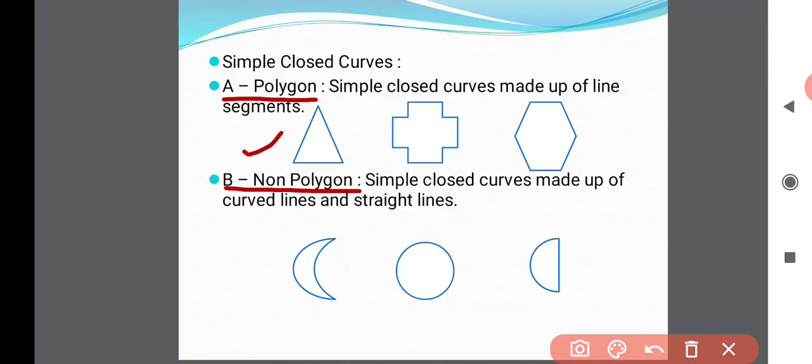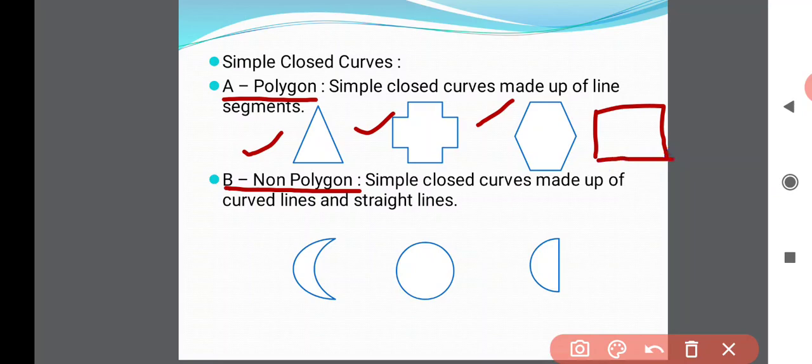We have a few examples like a triangle, this figure which is made up of only straight lines, a hexagon, or a square, or a rectangle, or a rhombus. You can see many more examples, all those figures which are made up of line segments only.